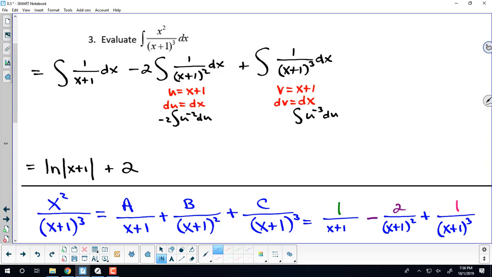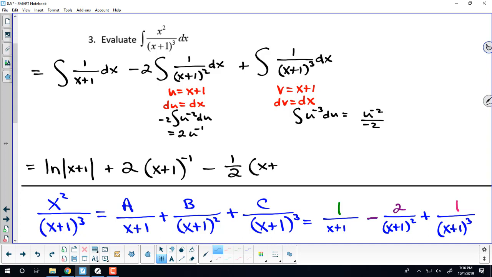We'll write this out: 2 times u to the -1, so u was x plus 1. And then this, of course, is u to the -2 over -2, so that's just -1/2.